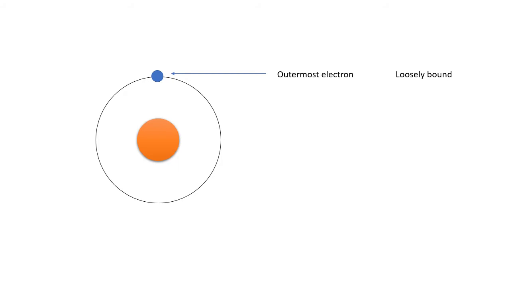Now, the outermost electrons are generally loosely bound. That means they can be easily removed when they are under the influence of high energy. So we will call these electrons free electrons.